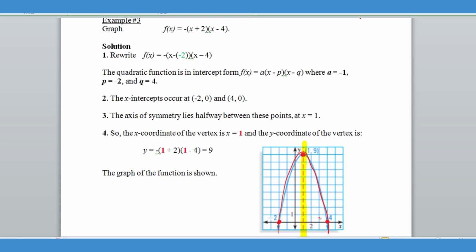I'm going to recommend to you, the closer and closer that vertex gets to the x-axis, the more t-chart points you're going to want, just simply because it'll give you a clearer picture. And we may see that in a later example. So go ahead and move on down the notes and work the next set of sample problems using intercept form.